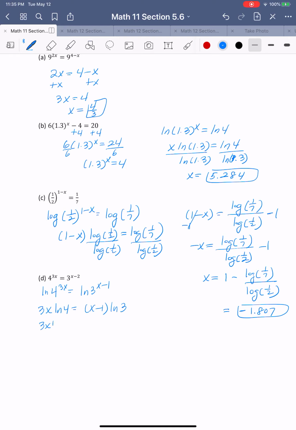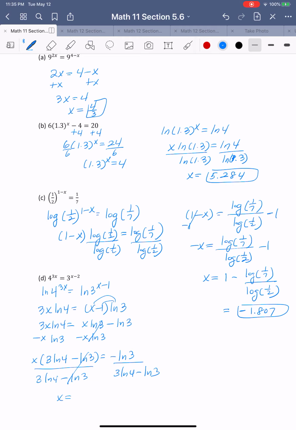So 3x ln 4, and then distribute the ln 3 for x ln 3 minus ln 3. Then you need to put the x terms together on one side. Then I factor out the x: x times (3 ln 4 minus ln 3) equals negative ln 3, and then divide by 3 ln 4 minus ln 3 on both sides.